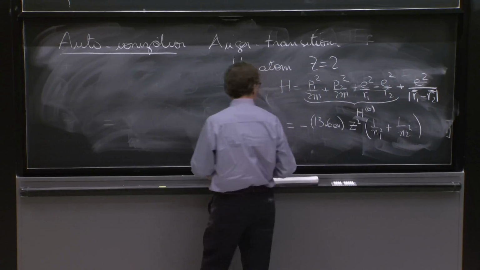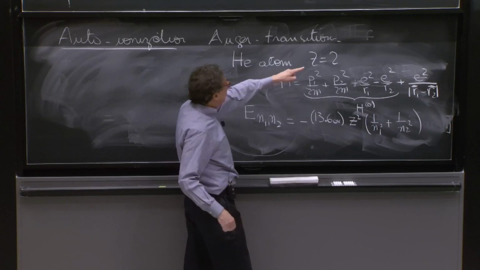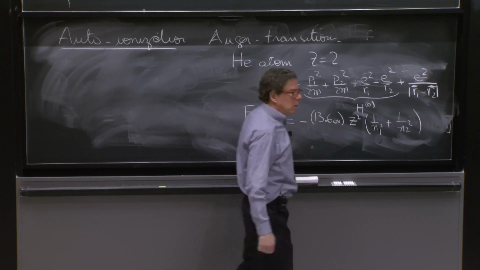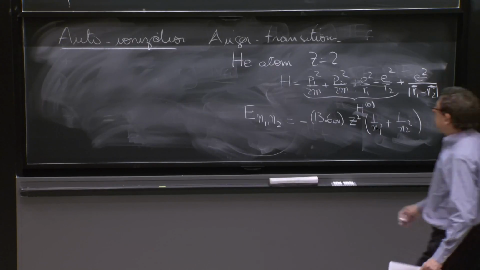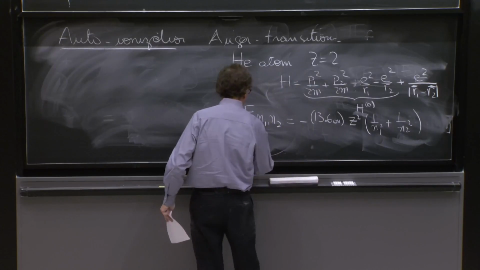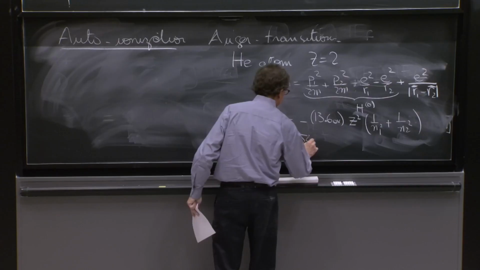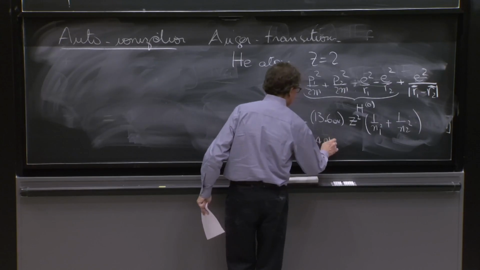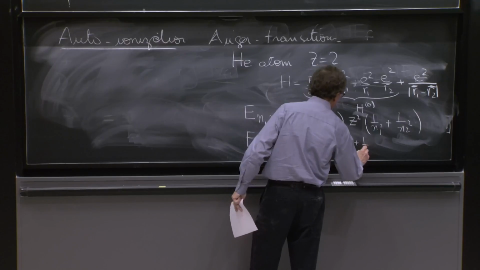Those are the principal quantum numbers. And Z squared is equal to 4, because Z is equal to 2. So this number comes out at 54.4. So E of n1, n2 is minus 54.4 eV times (1 over n1 squared plus 1 over n2 squared).